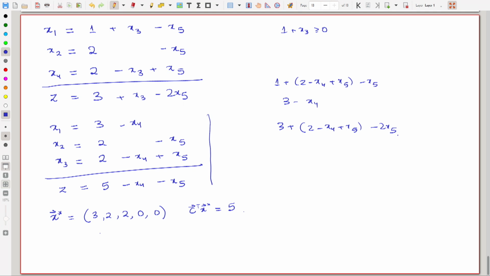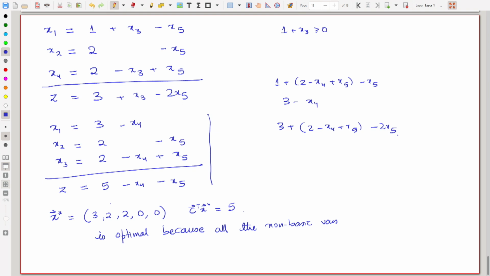So, this is optimal because all the non-basic variables have negative coefficients.